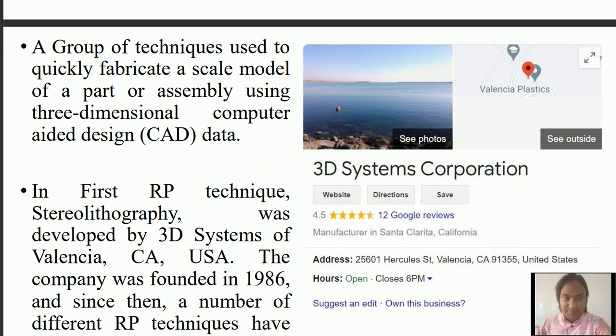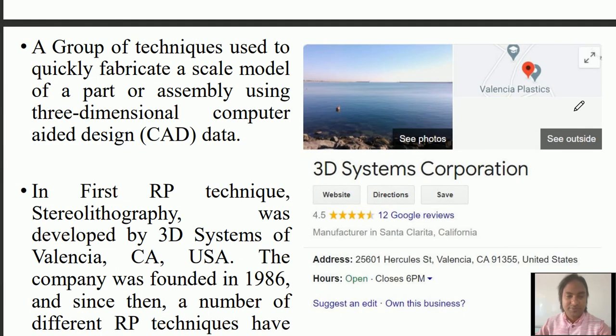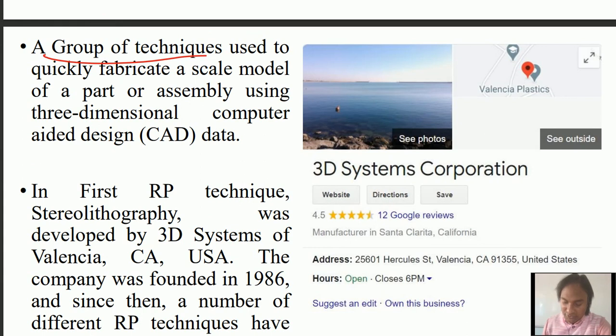Generally, when we talk about rapid prototyping, the technology for rapid prototyping started here at 3D Systems Corporation. In definition terms, we can call it a group of techniques used to quickly fabricate a scale model of a part or assembly using three-dimensional computer aided design data.